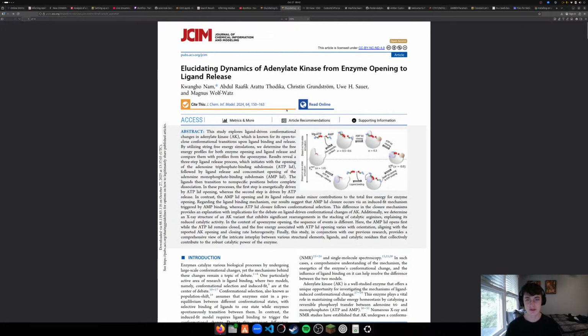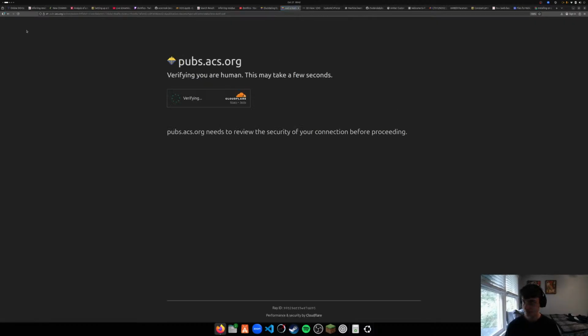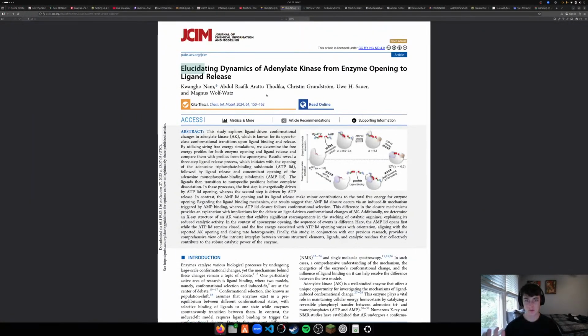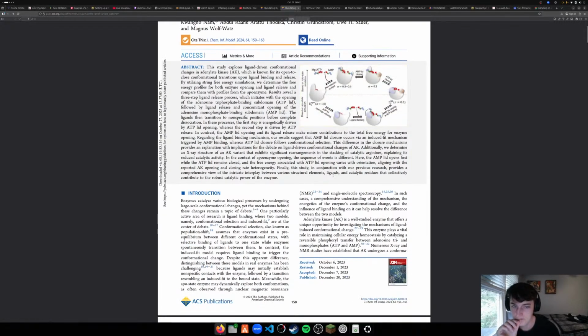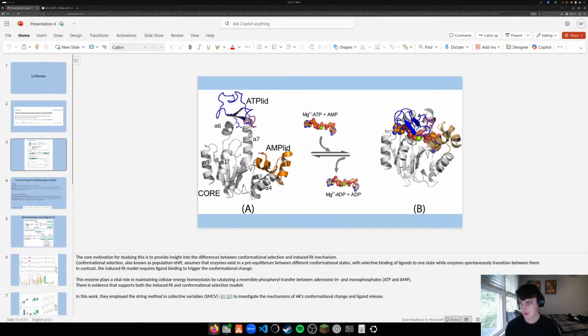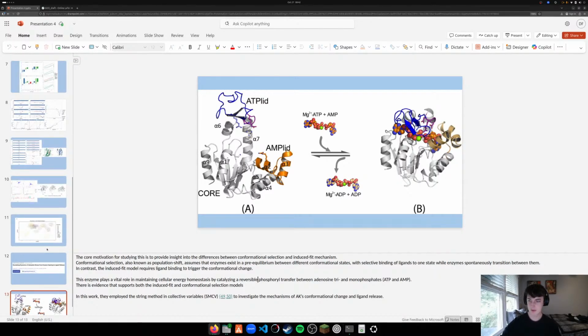So what I want to do first, here's the paper. First, I just want to read through the paper completely. Where's my PowerPoint? There we go. And then maybe towards the end, I'll go through the entire presentation.